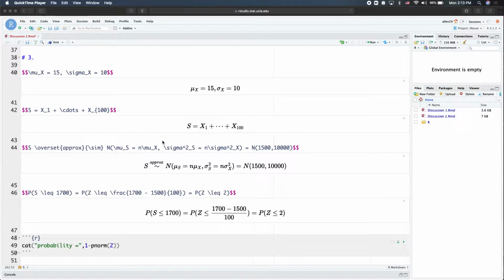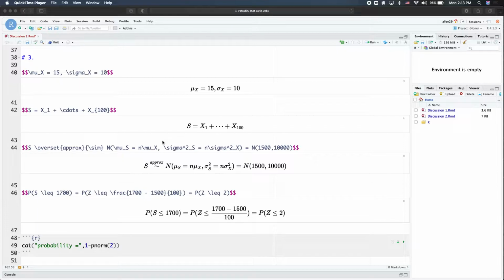And because we can consider 100 as a relatively large number, the summation of them can be approximately a normal distribution. So this time the mean of the random variable s, which is the sum of the 100 random variables, is n multiplied by the mean of the individual random variable.